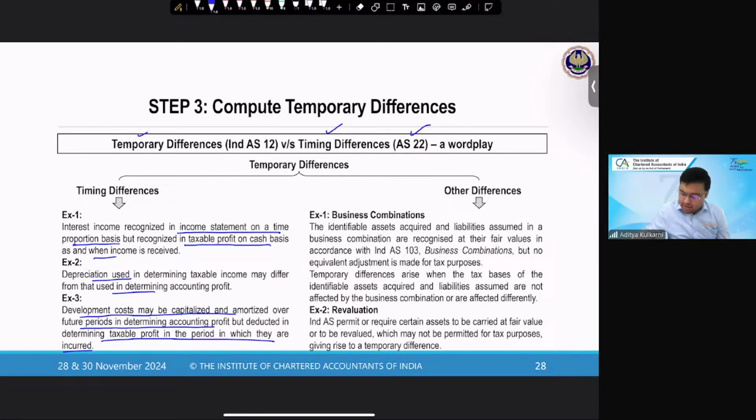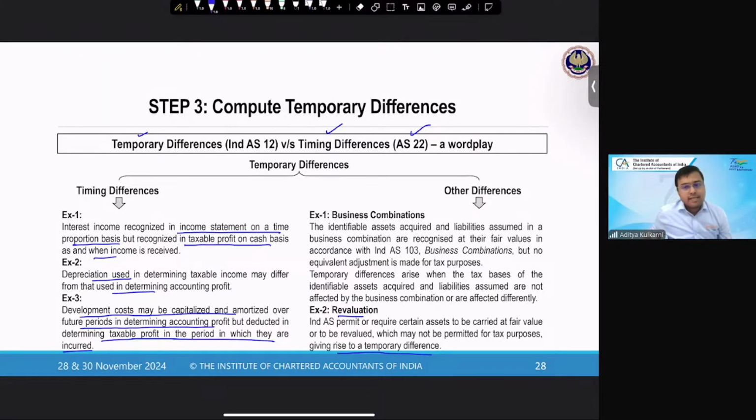Coming to other differences, revaluation difference. Ind AS permits revaluation, so revaluation would also give rise to a temporary difference. Tell me one thing. In AS 22, was revaluation there under AS 10?